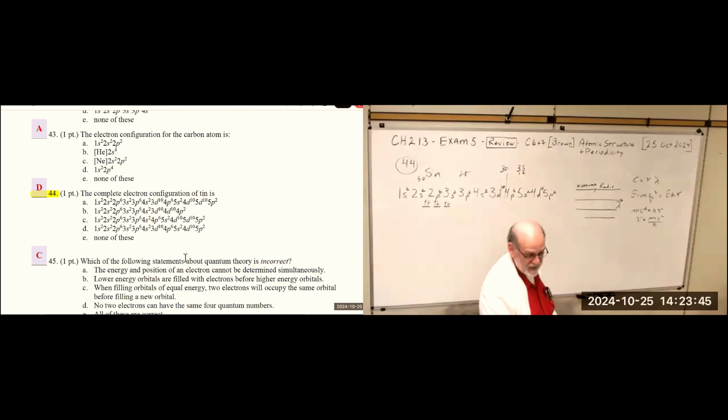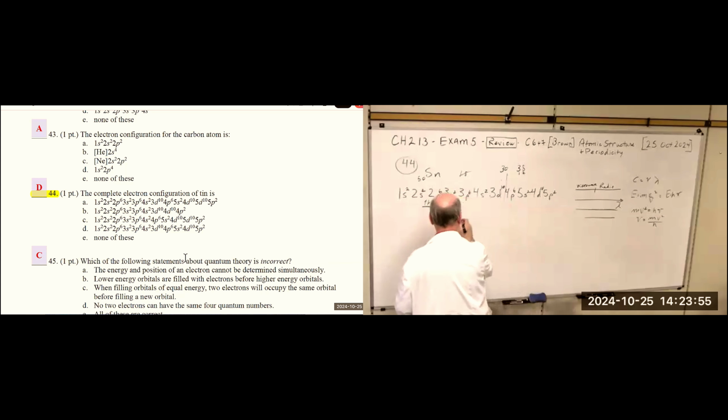Now, if we were doing this in abbreviated format, what would we do? We'd say 10, go backwards till you get to the 4th period, krypton, 36. That would be the core. Anything beyond that.